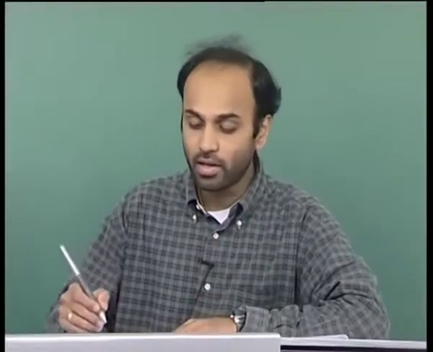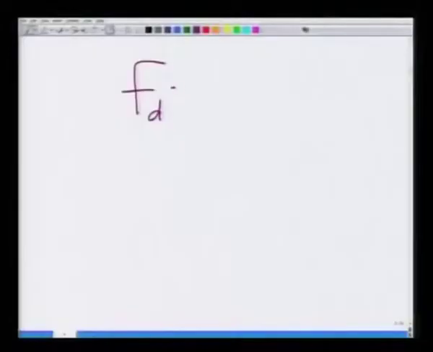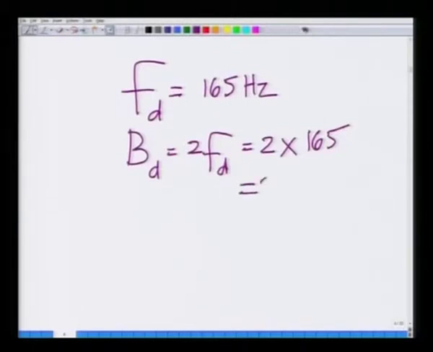We computed earlier that for a vehicle moving at 60 miles per hour in the direction of the base station at carrier frequency 1.85 gigahertz, the Doppler shift f d is 165 hertz, which means the Doppler spread B D equals twice f d equals 2 into 165 equals 330 hertz.